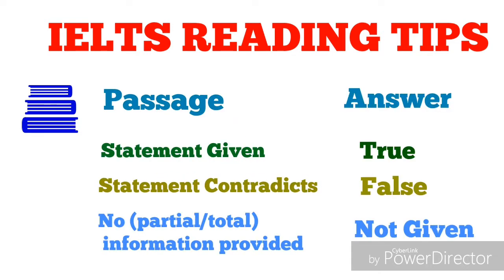You can often find in the question paper: do the following statements agree with the information given in the passage? True if the statement agrees with the information. False if the statement contradicts the information. Not given if there is no information on this.